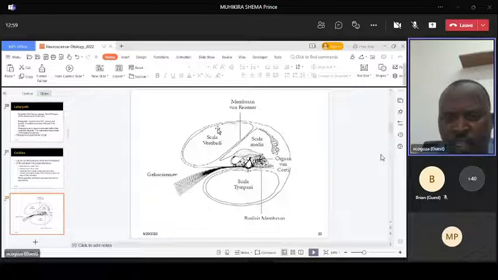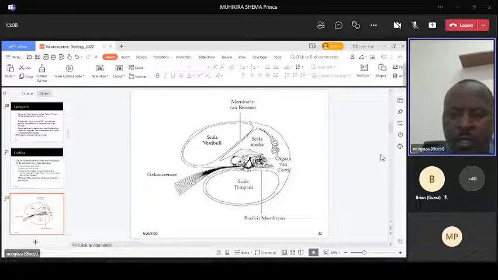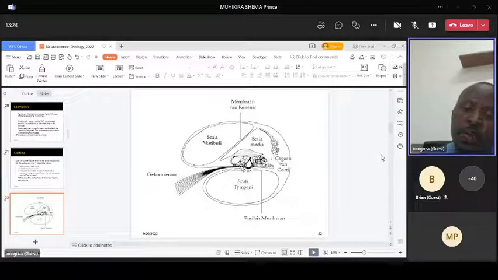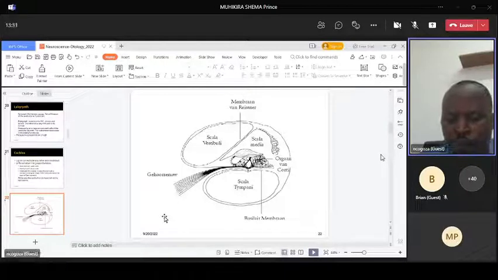We find the scala vestibuli and the scala tympani, and in between there is a scala media with the organ of Corti with the sensory cells. Those sensory cells are the ones translating the mechanical sound into the electrical impulse. The electrical impulse is taken by the nerve to the brain.